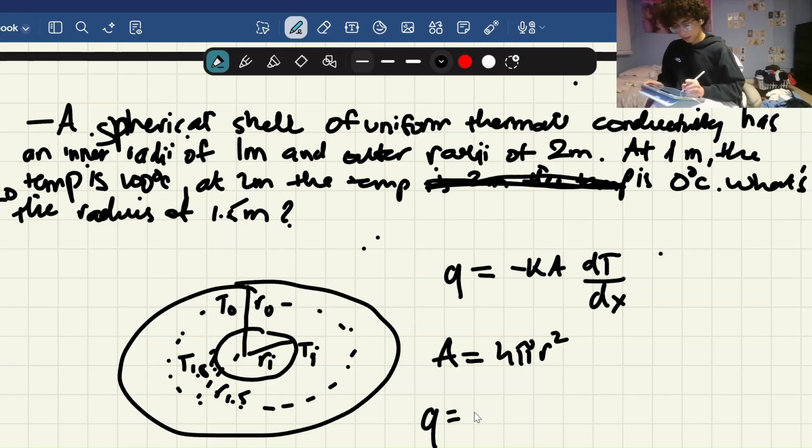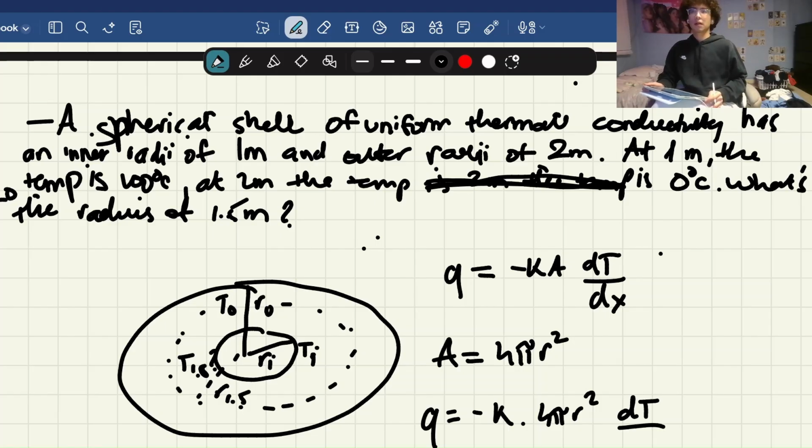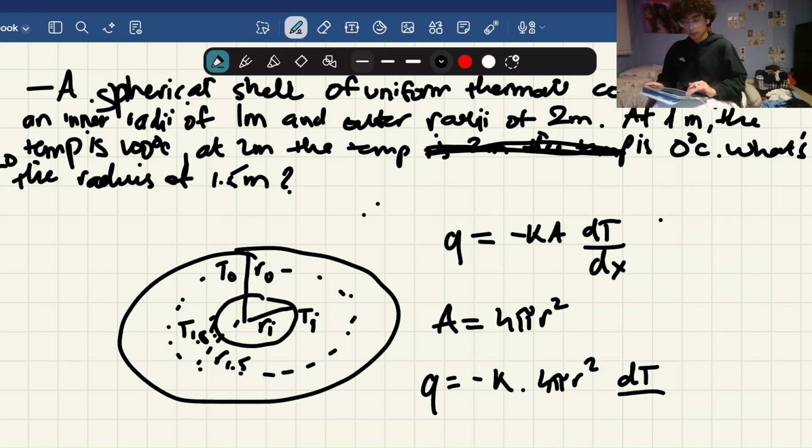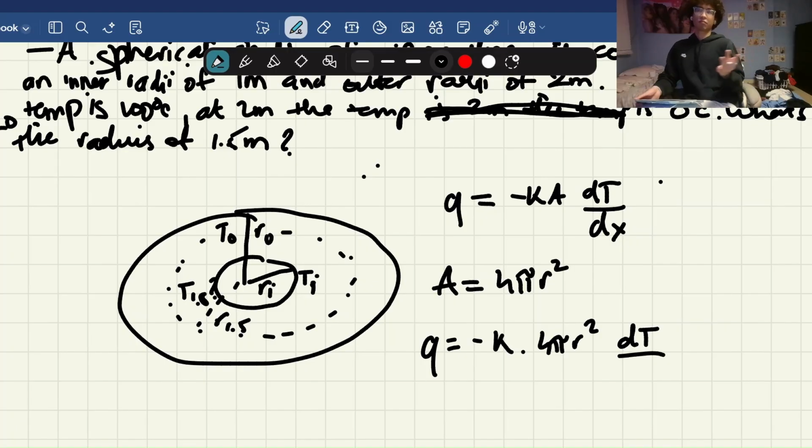So Q is negative K, which is constant by the way, times 4 pi r squared. Since the variable that's changing is r, as it's going from the inner radius to the outer radius, we have dT over dr instead of dx. And then we're just gonna solve this with the integral.